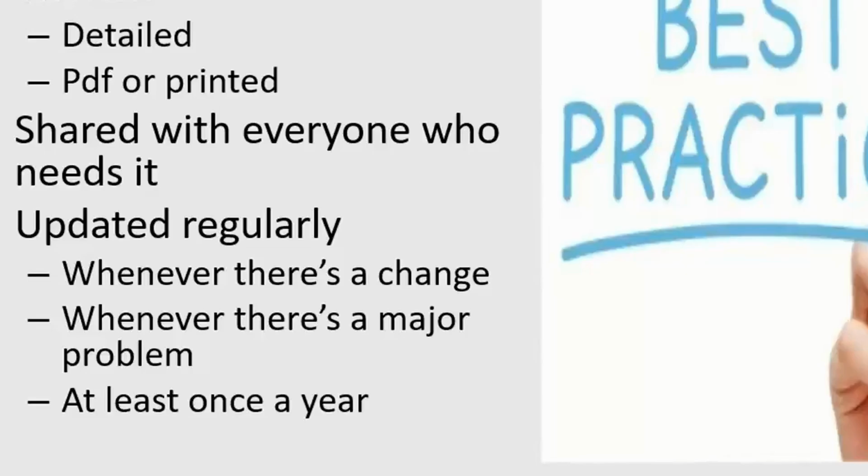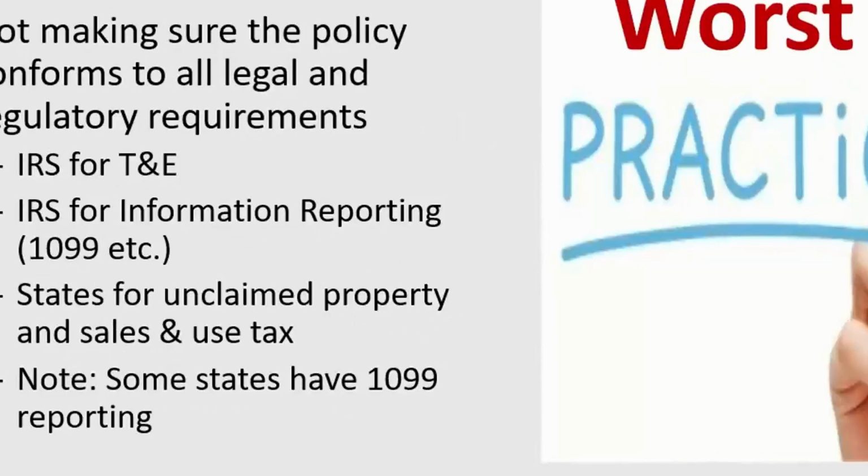Also, if you have a major problem, like God forbid a fraud, but maybe a lot of duplicate payments, you want to identify where the weakness is in your process, make the change, and then update your policy. And then your annual review. Some worst practices: not having a written policy, not making sure that your policy conforms to all legal and regulatory requirements.